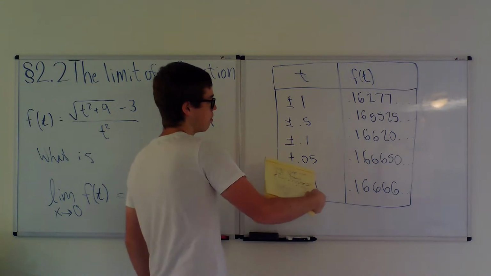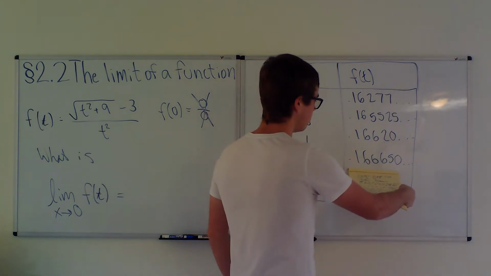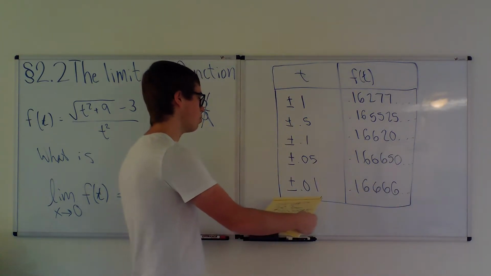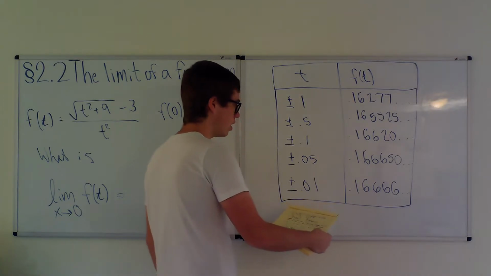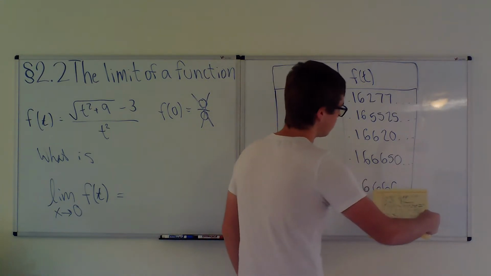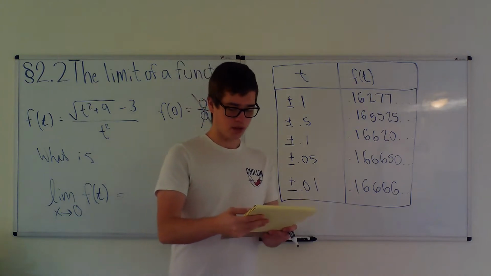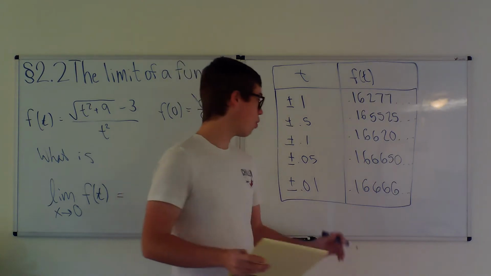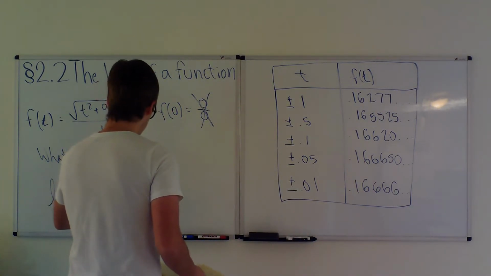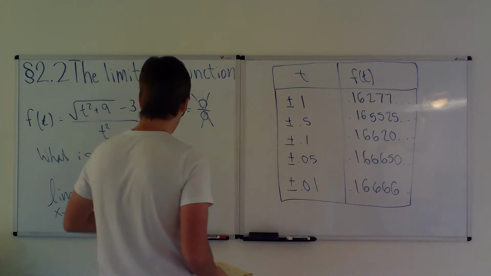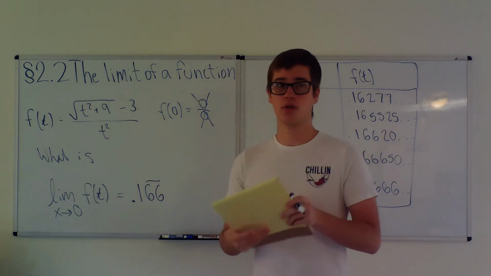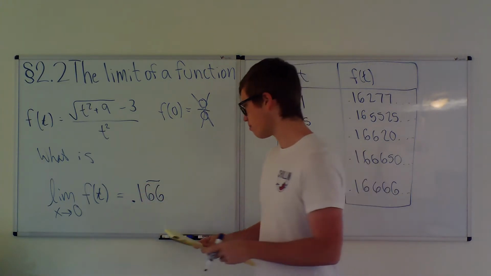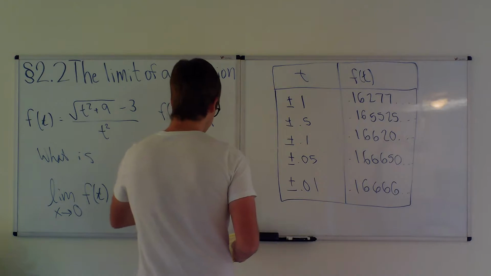Plug in plus or minus 0.05, 0.1666500, a bunch of other decimals, and then you plug in plus or minus 0.01, and you get 0.16666, more decimals. So you can presume that it's getting closer and closer to 0.166 repeating, right? As I'm sure all of you know, just off the top of your head, of course, everybody knows this, that's equal to 1/6.